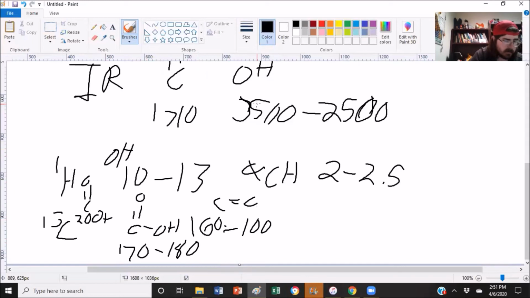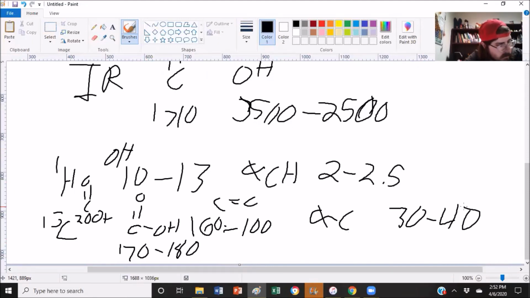It'd be really useful. And of course, the alpha carbons nearby see a 30 to 40 ppm shift. So you see a pretty significant shift from these guys. So carbon 13 is usually the best bet on noticing these guys.